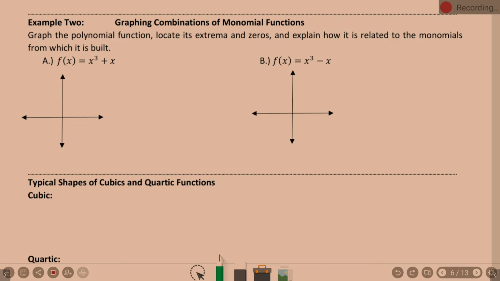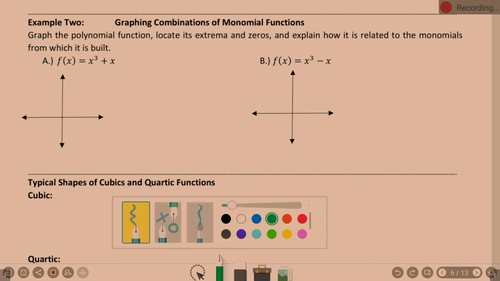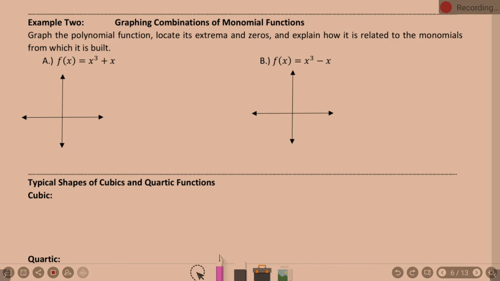What do I mean, extrema and zeros? Do you remember those vocab words? Extrema. We want to talk about its mins and maxes.